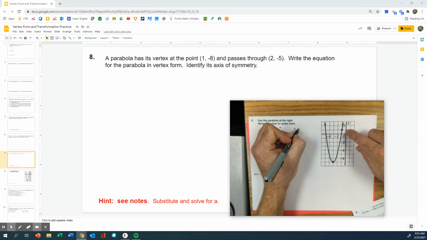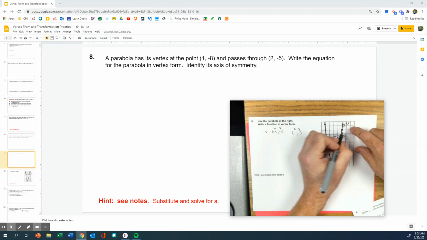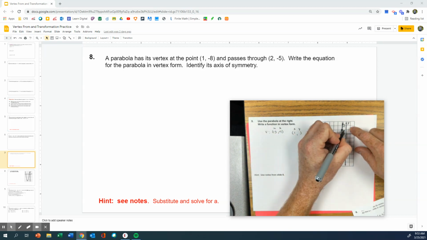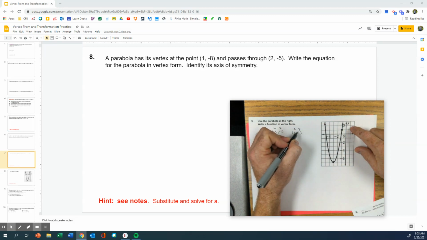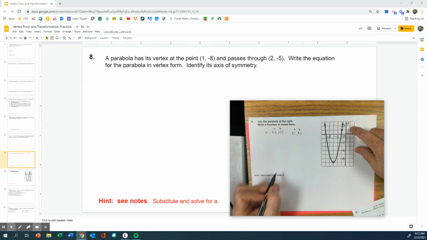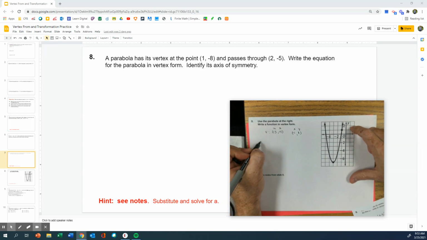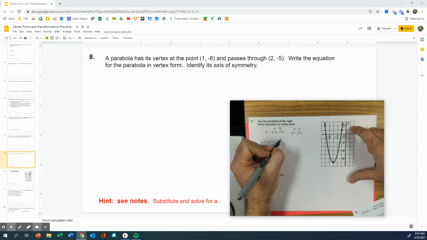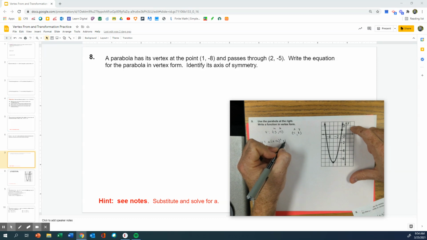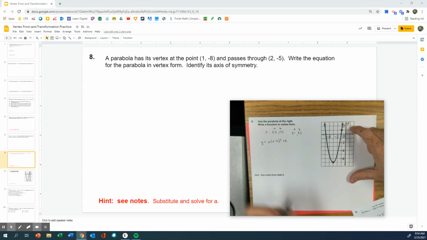Our pass-through point, which is our x and our y, is (-1, 1). Then we can do it the same way: substitute into the equation, solve for a, and plug it back in. I'll set the equation up, and then I'll let you solve it.